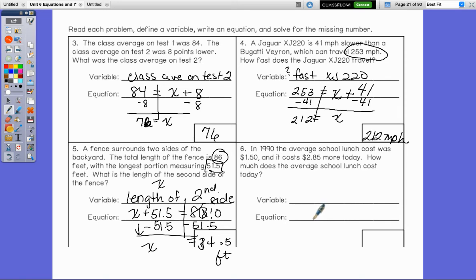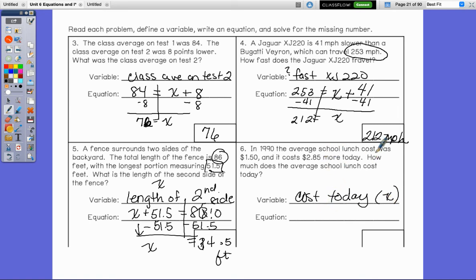Okay, number 6. In 1990, the average cost of school lunch was $1.50, and it costs $2.85 more today. How much does the average school lunch cost today? So I'm looking for the cost today of school lunch, and that's going to be my x.